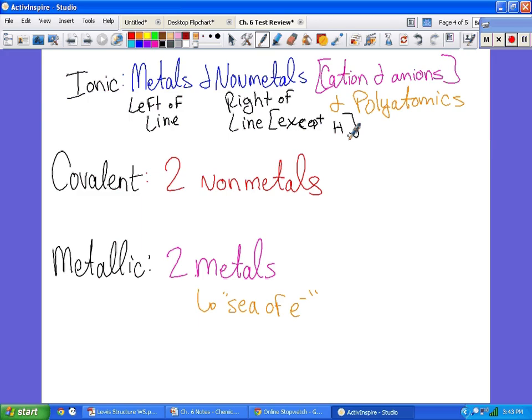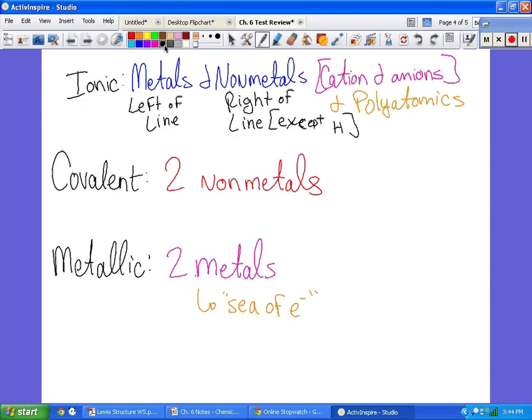So what you're going to have is cations, anions, and also polyatomics as well. All right, so covalent is between two non-metals. So where do both of them have to come from? Very good.